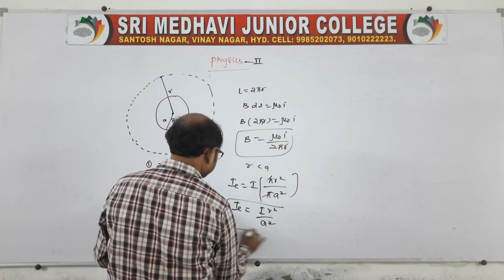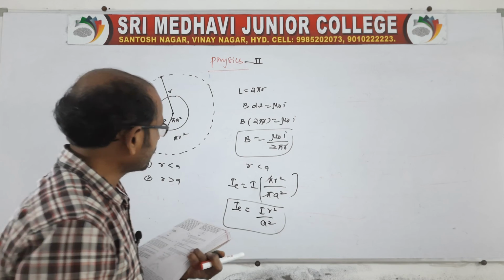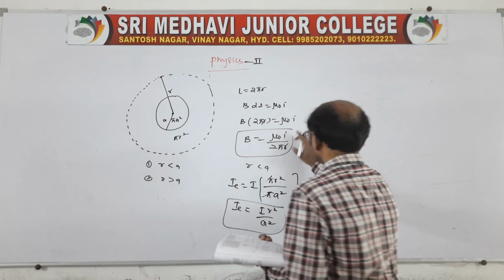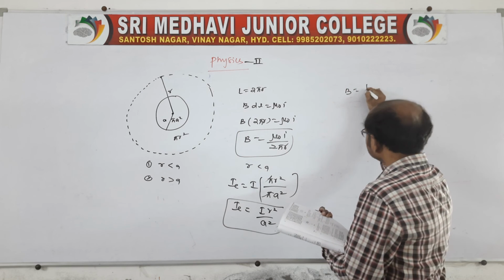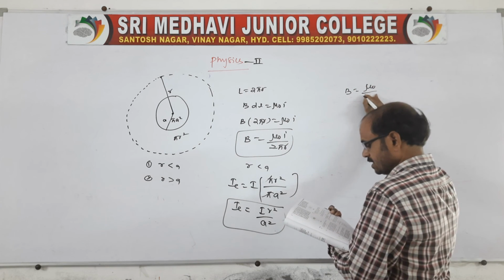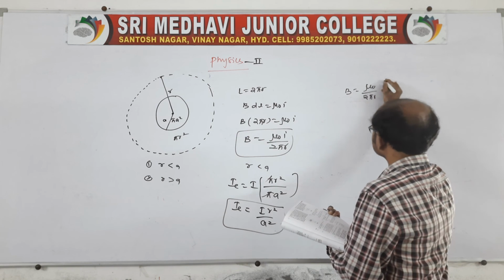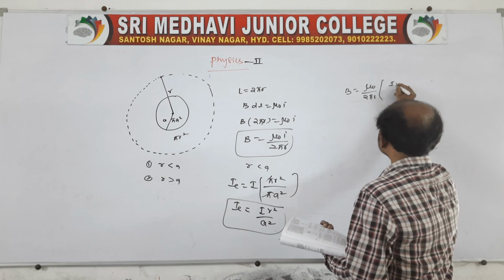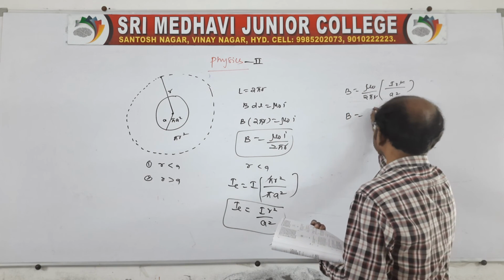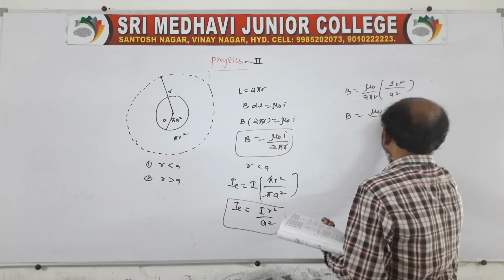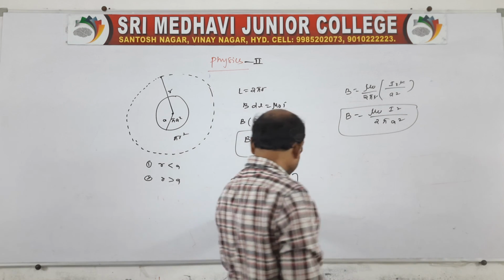So here B is equal to mu naught by 2 pi r into pi r square by a square. So this r is cancelled. B is equal to mu naught I r by 2 pi a square. This is the final expression.